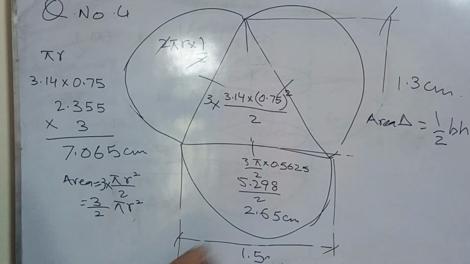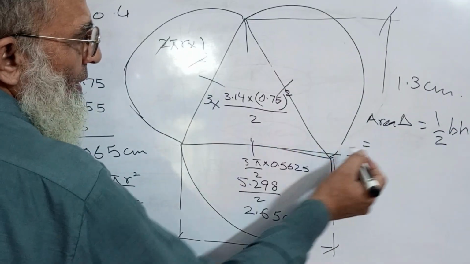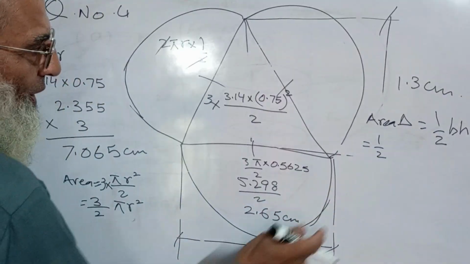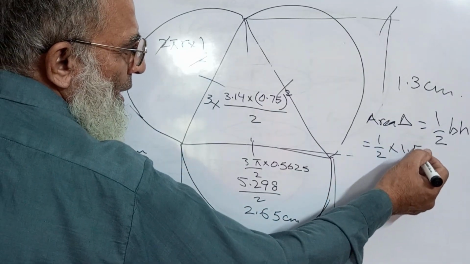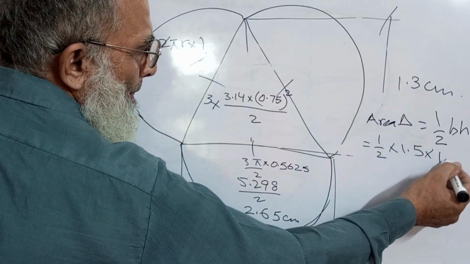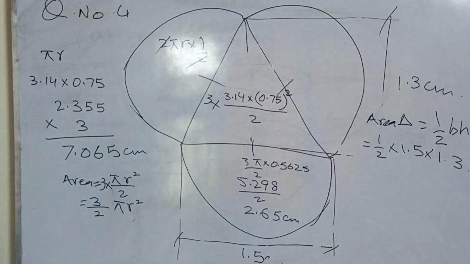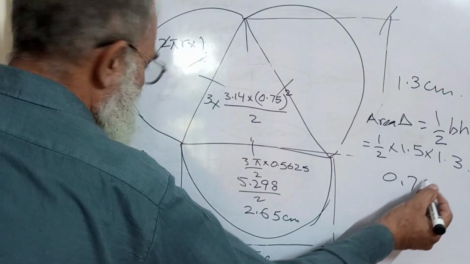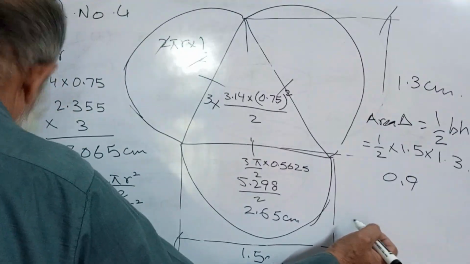Half base is 1.5 and height is given 1.3. 1.3 multiplied by 1.5, divided by 2, it will become 0.975.